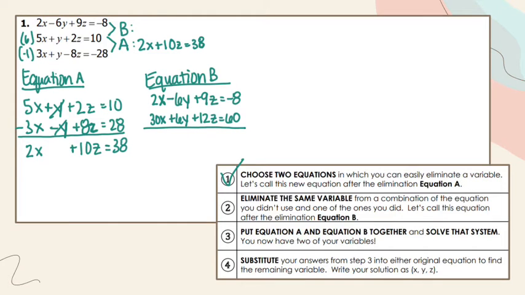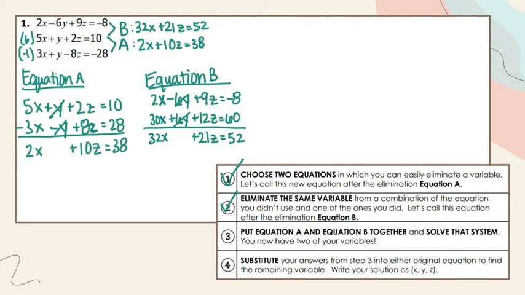And then add those up. So 32x, y's cancel, plus 21z equals 52. So equation B is going to be 32x plus 21z equals 52. Okay, so we did step 2.